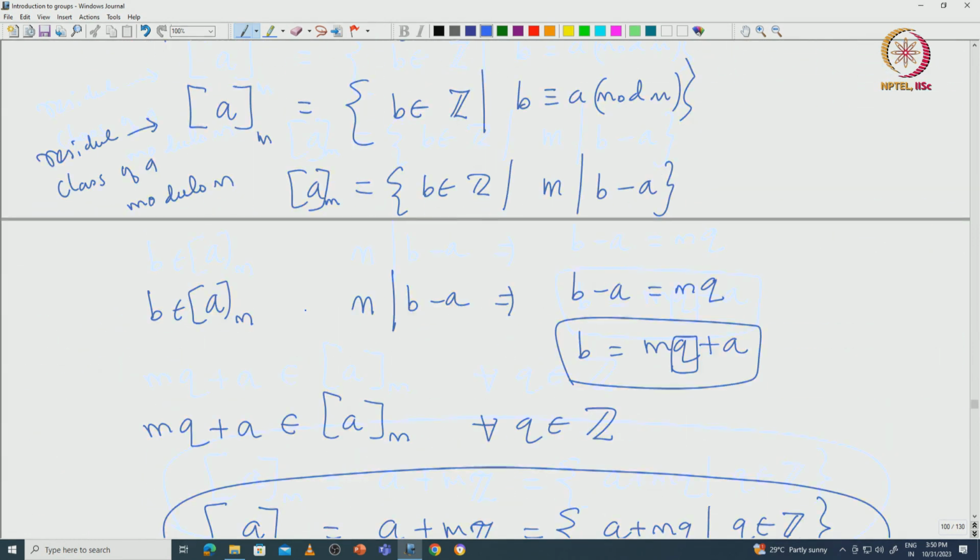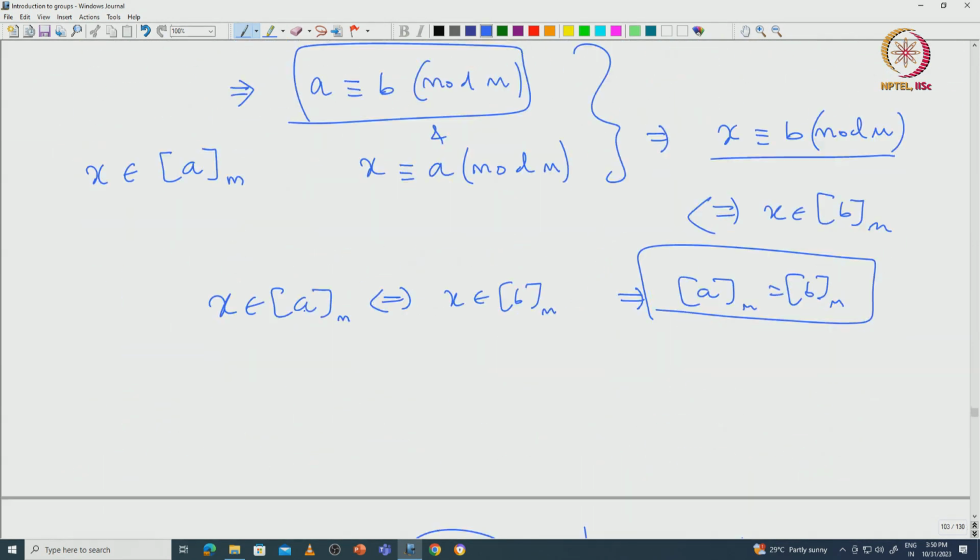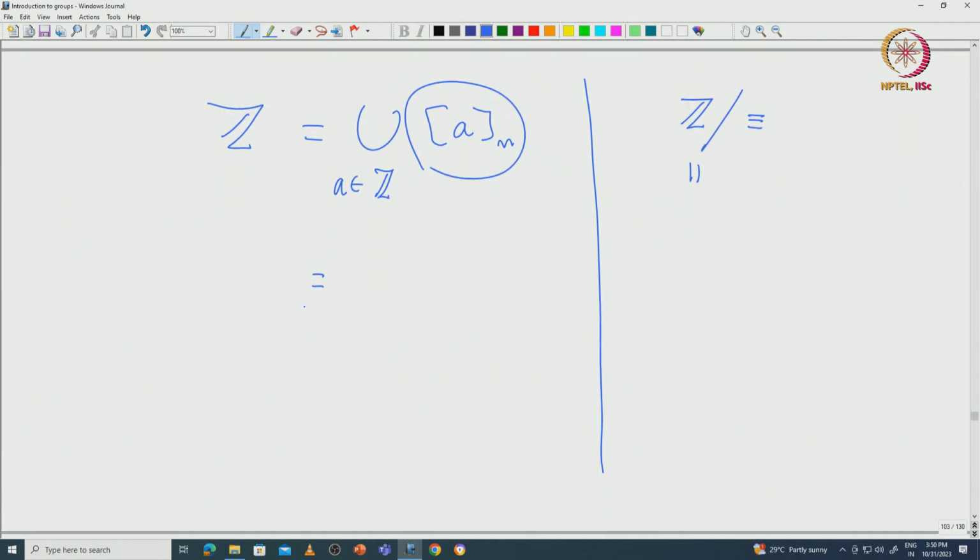Okay. A moment's thought can tell you immediately that with that definition, Z can be written as the disjoint union of the [xi]_m, where i ranges from 1 to m. So this is all disjoint. Z can be written as [x1]_m disjoint union etc. disjoint union [xm]_m.